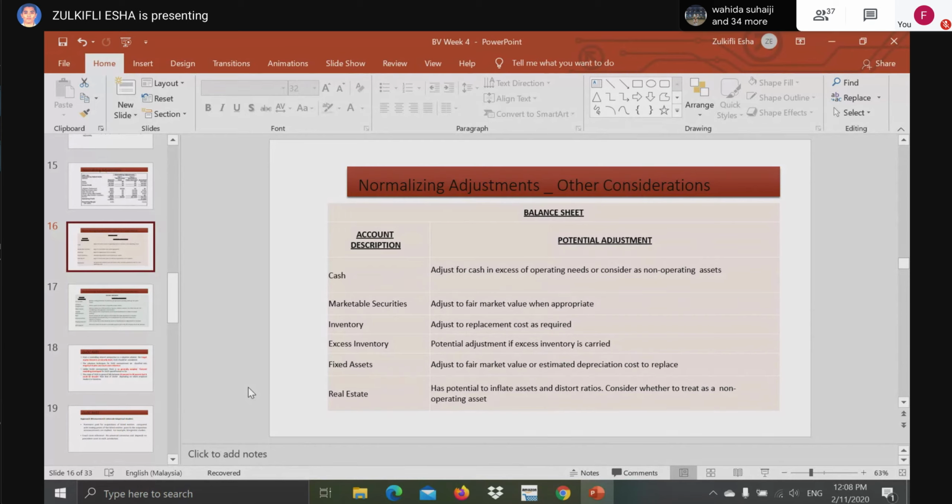So what is the justification to decide whether normalizing adjustment is needed or not? It depends on the result of your analysis between your company's figures and the competitors' figures in the industry. You will get the answer whether to do normalizing adjustment or not after you have compared your company's figures with your competitors within the same industry.